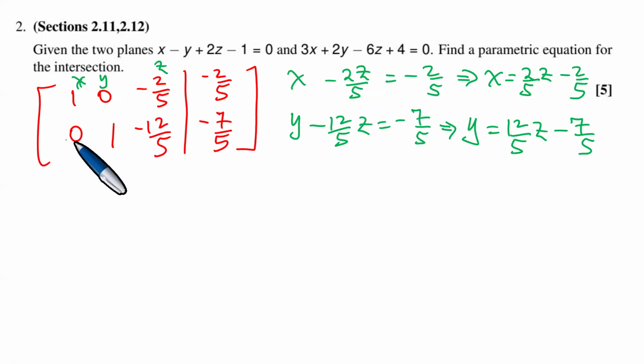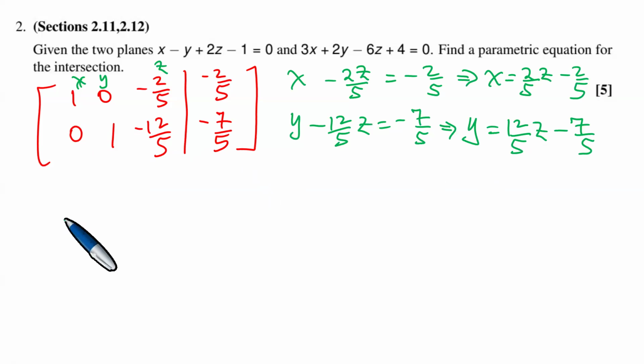Here you have y because the x has 0 associated with it. We have just rewritten this, and so we proceed to solve this particular problem.